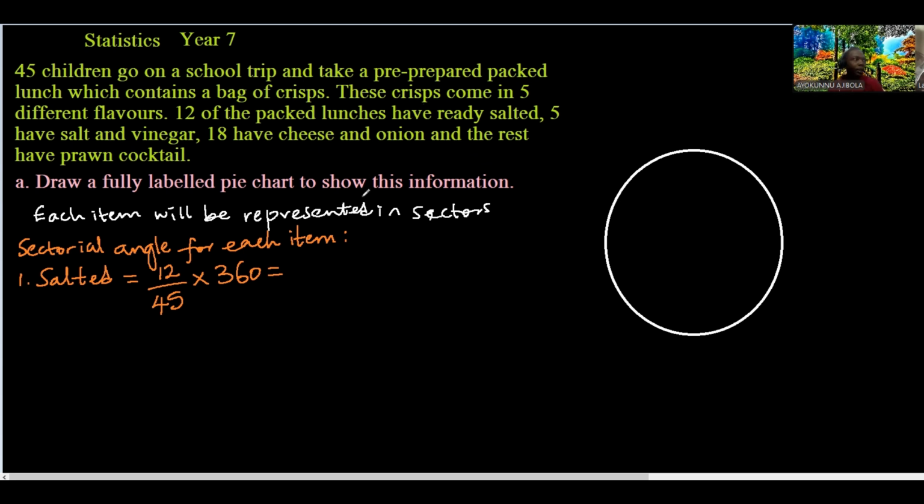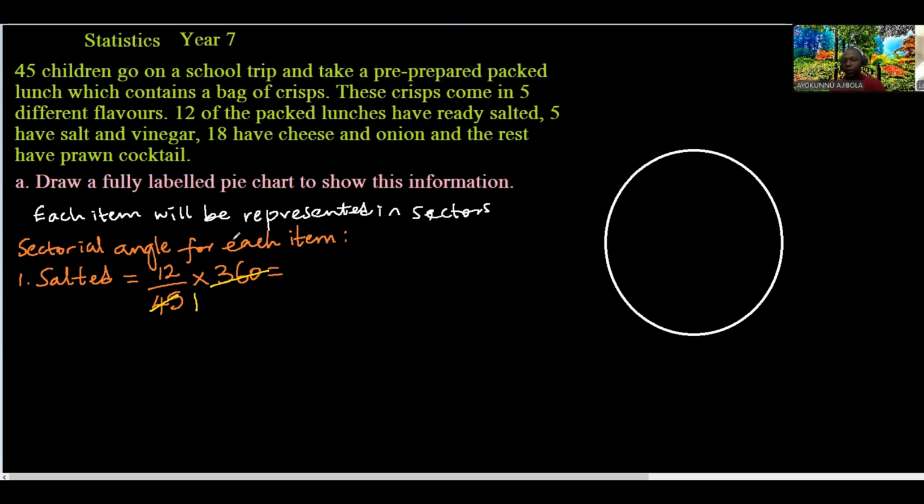What we need to do next is to find the value of this calculation. I can divide this and say 45 here is 1, and 45 in 360, how many 45s will be in 360? 2 of 45 is 90. 4 is 180.